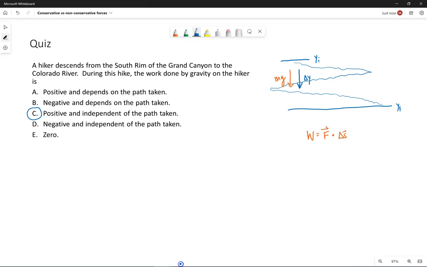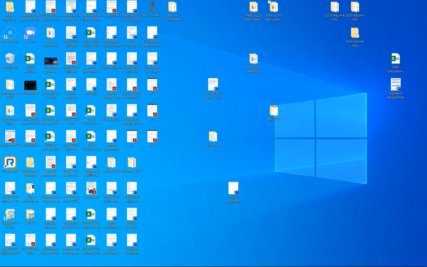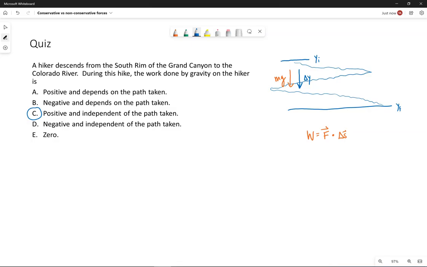Gravity doesn't do any work over the horizontal components of the motion. We could consider this portion of the delta S as having an x component and a y component.